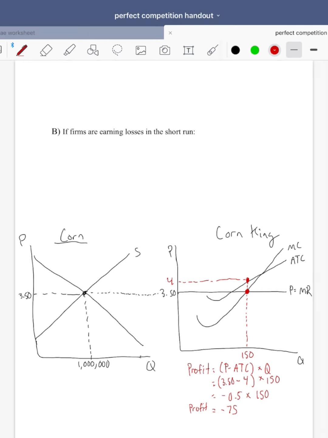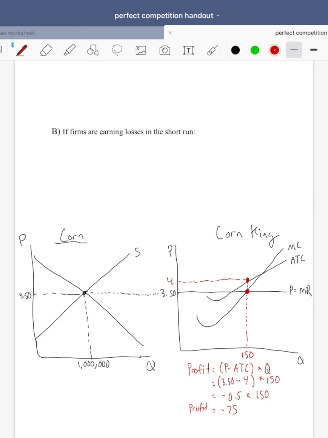And once again, we're producing 150 units. So the profit is going to be equal to negative 75. Now recall we said that we're going to be having these in increments of thousands. So we have negative $75,000, which means that I'm losing $75,000 by continuing to operate.